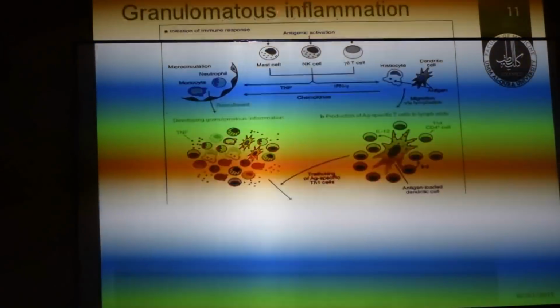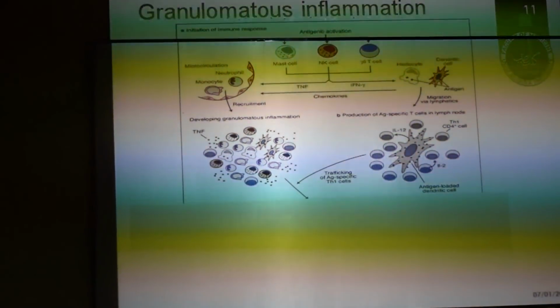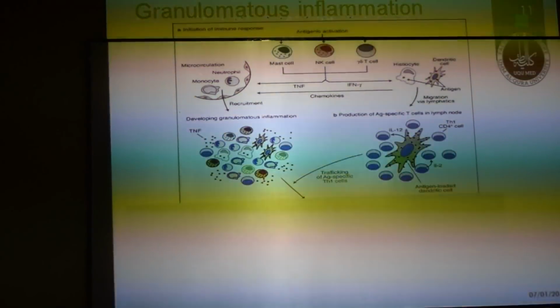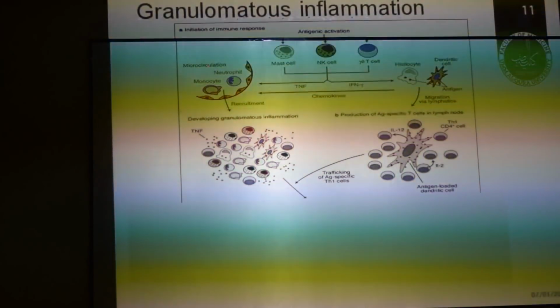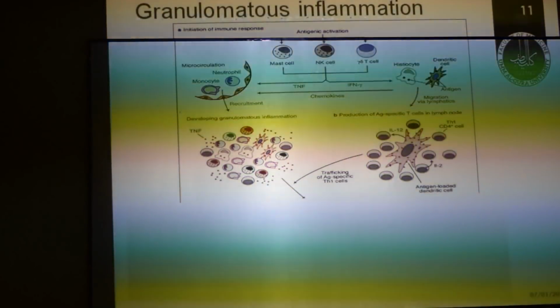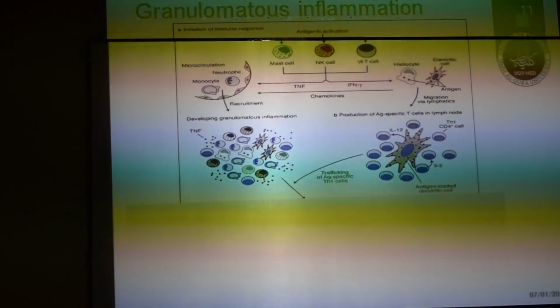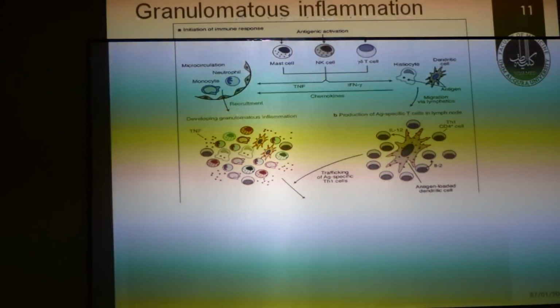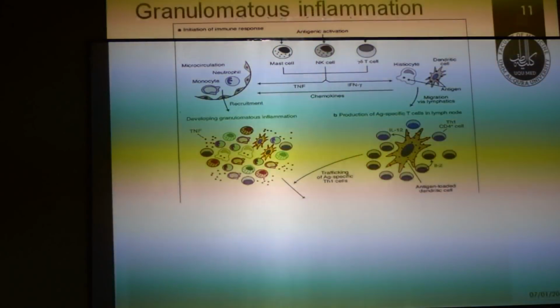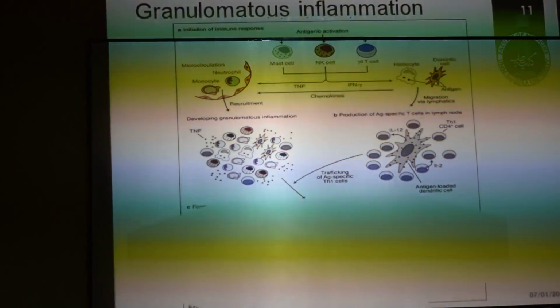On the other hand, natural killer cells and mast cells can produce tumor necrosis factor, and they will call upon monocytes and neutrophils. Both these cells will come to the tissue where the tumor necrosis factor is being released. And finally, we need macrophages to interact with these antigen specific T cells.